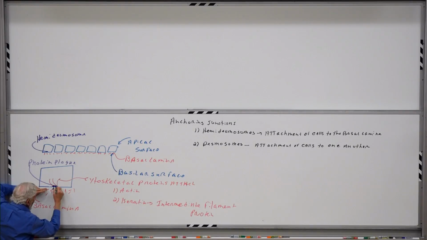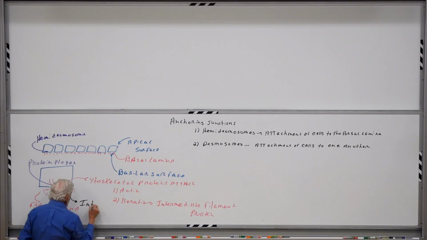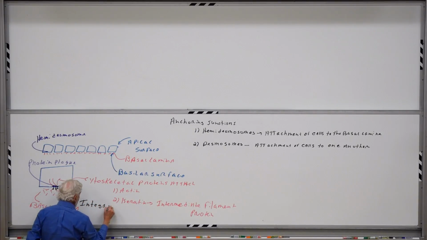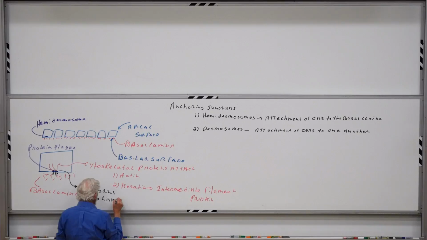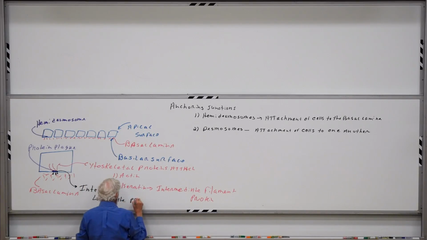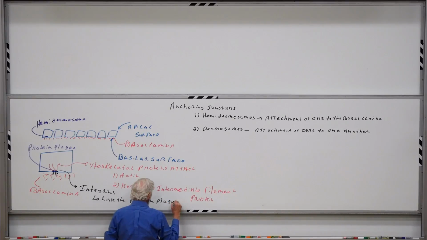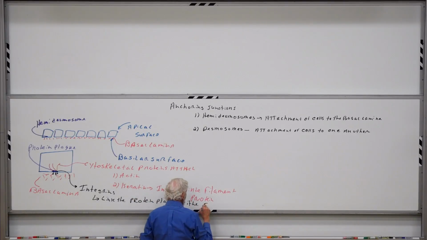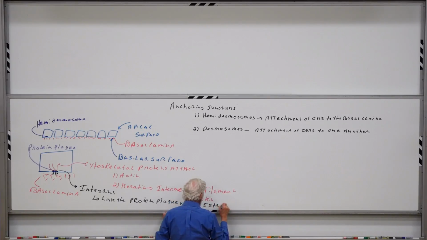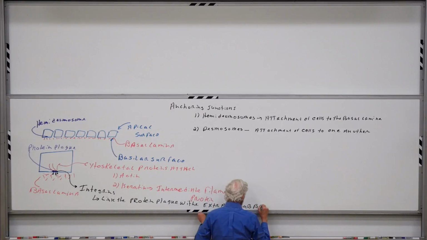These proteins are called integrins. And the function of the integrin is to link the protein plaque with the extracellular basal lamina.